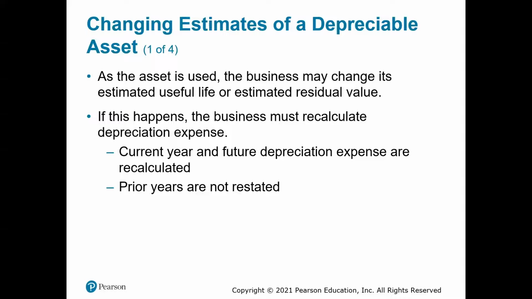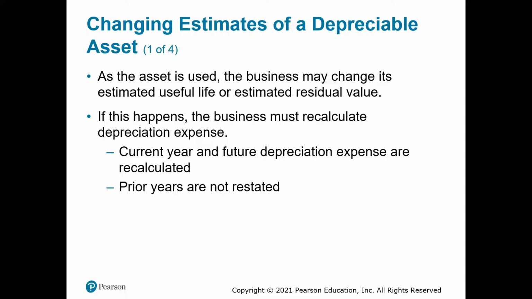Changing estimates of a depreciable asset. For example, the business may find that its truck lasts 8 years instead of 5. This is a change in an estimated useful life. Accounting changes like this are common because useful life and residual value are estimates, and as a result, are not based on perfect foresight.